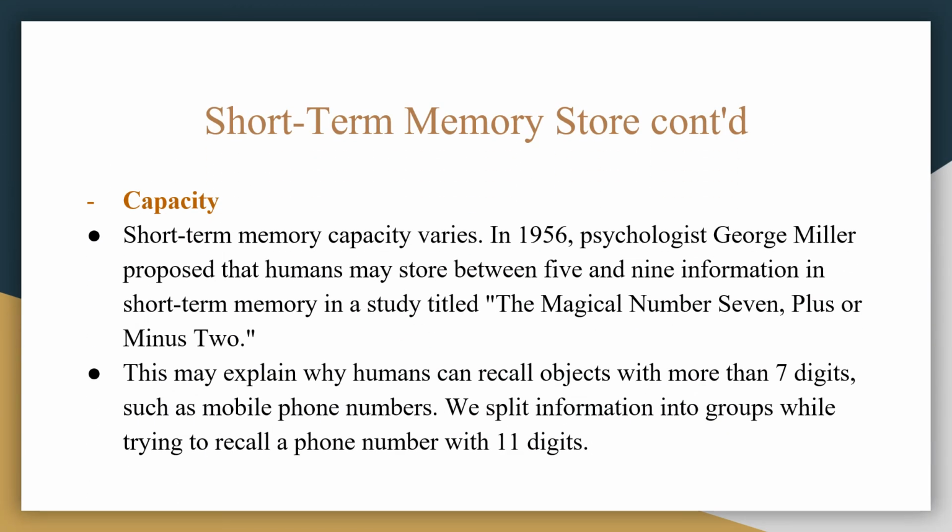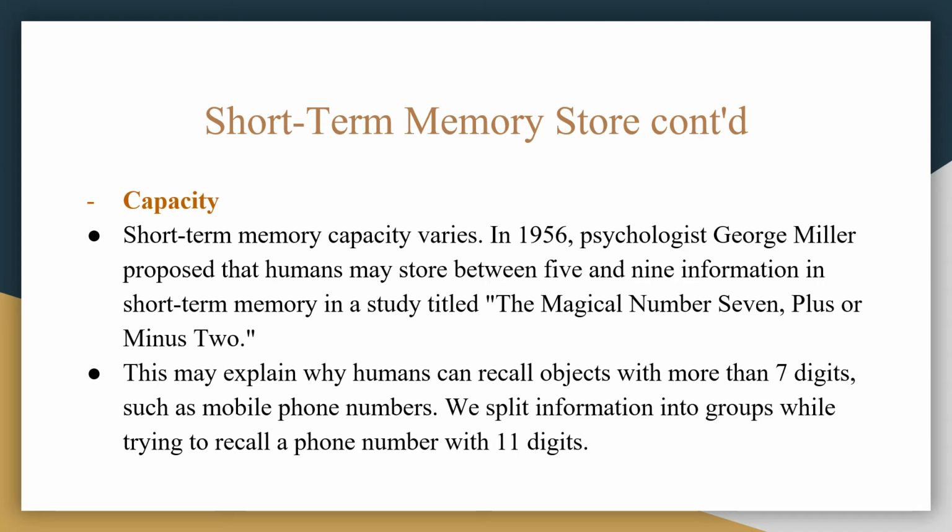As it pertains to capacity, short-term memory capacity varies. In 1956, psychologist George Miller proposed that humans may store between 5 and 9 items of information in short-term memory in a study titled The Magical Number 7 plus or minus 2.